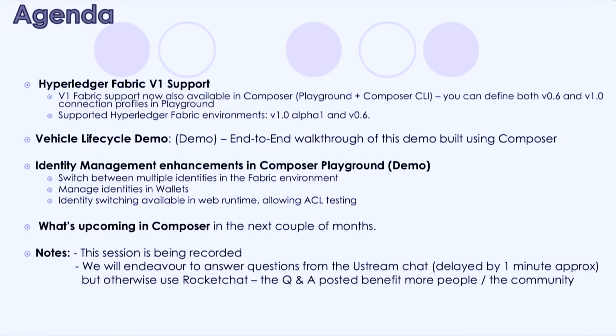Now you can define both version 0.6 and v1.0 connection profiles in Playground, and we'll see some of that in the demo today. Just to confirm, the supported Hyperledger Fabric environments are now v1.0 Alpha 1 and v0.6, and we're working on support for the recently available v1.0 Alpha 2.